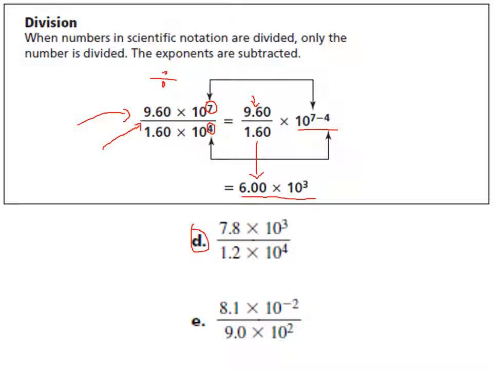So you have 7.8 divided by 1.2, and that's going to be equal to, if you put that in your calculator, 7.8 divided by 1.2, you get 6.5. And then you have to do your 10 to the power of 3 over 10 to the power of 4.